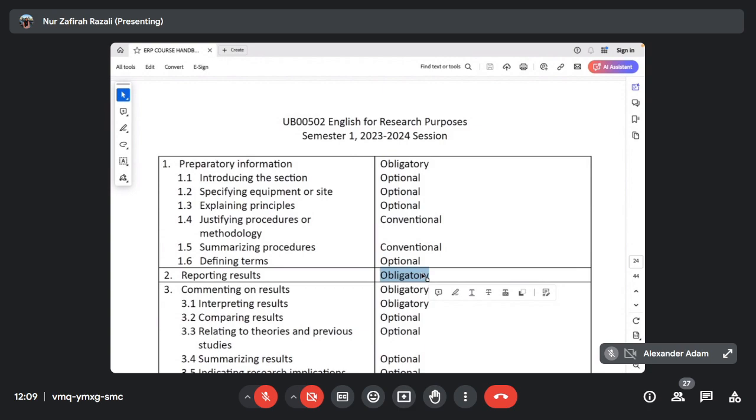Any other opinion? Why do you think the move reporting results is obligatory? Yes, it's valid. Quite there. Almost there. Any other answer?